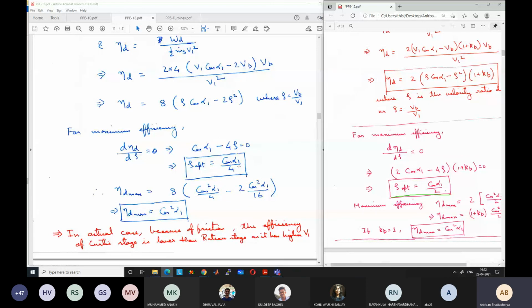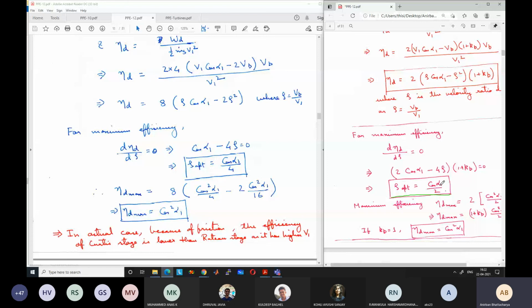What does it mean in terms of the blade velocity? If V1 is fixed, V1 is very high for both the cases. So, will the blade velocities be similar? What is rho? Rho is Vb by V1, right? So Vb by V1 is cos alpha 1 by 2 in one case, optimum value, in another case, cos alpha 1 by 4.